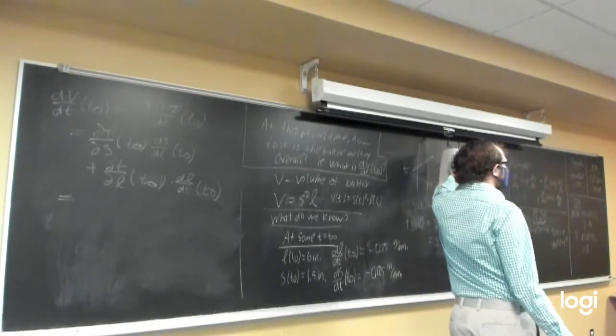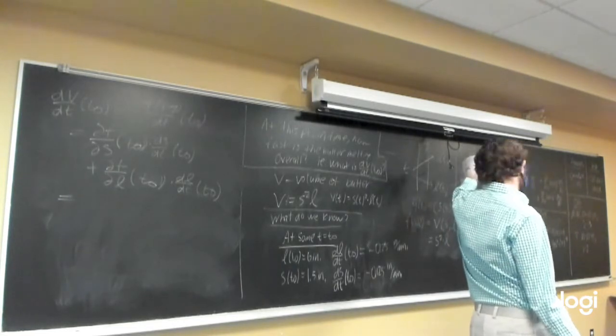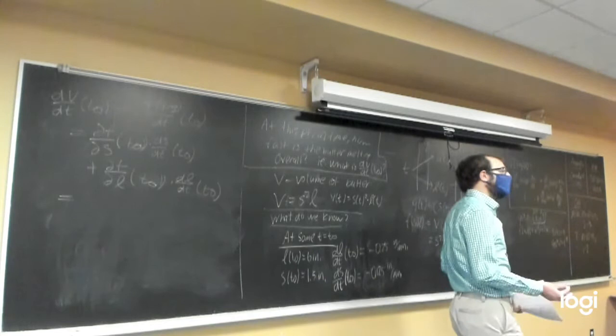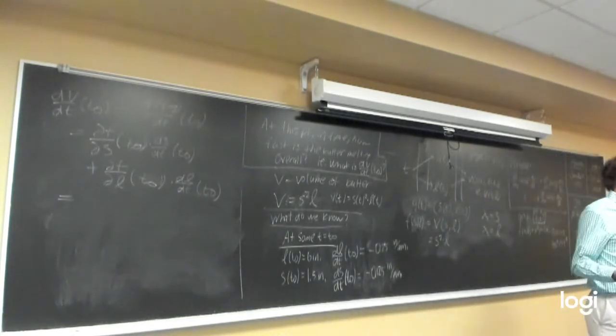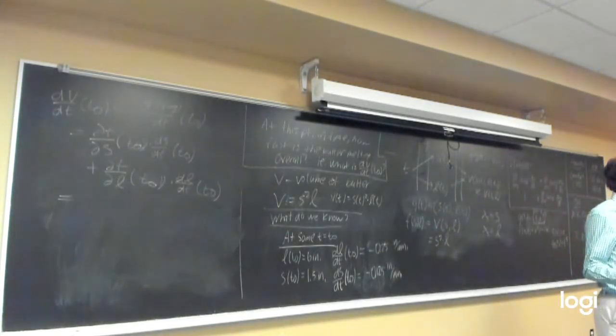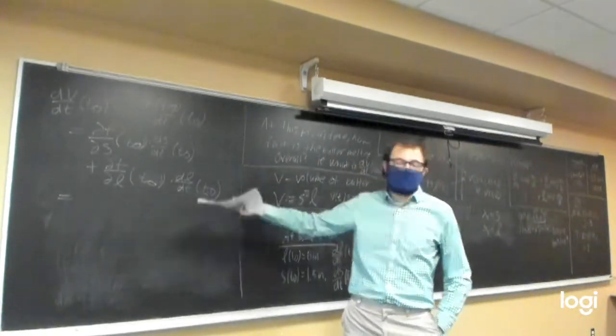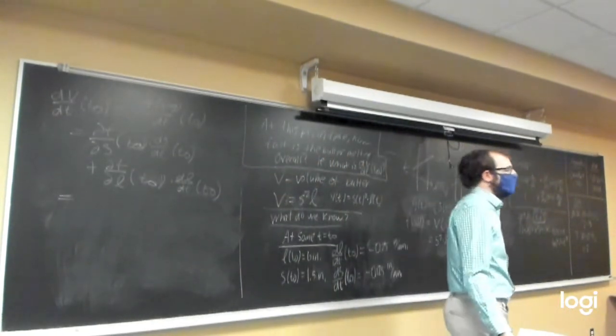Technically, this is saying at the point s of t naught, meaning when we're plugging t naught into the function s. But in this case, that's the same as just saying at the time t naught, because plugging t naught into s is going to be the same as just the time t naught. I'm trying to do this with as few variables as possible, so to speak.